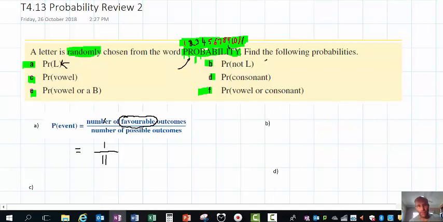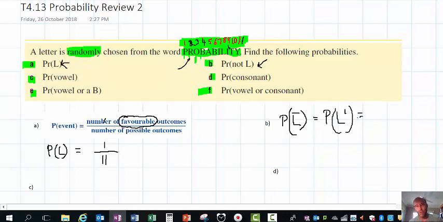Second one, probability of not L. That relates to the previous video where we looked at the complement. If we had probability of an L being chosen, we would write it like that. In this one, we've got the complement, which basically means not, or the opposite. Sometimes that's written as probability of L with a little bar on the top. You may also like to write it as probability of L with a little dash there.